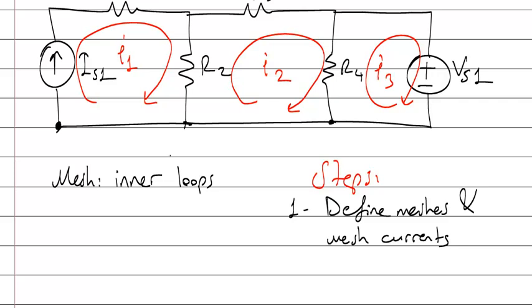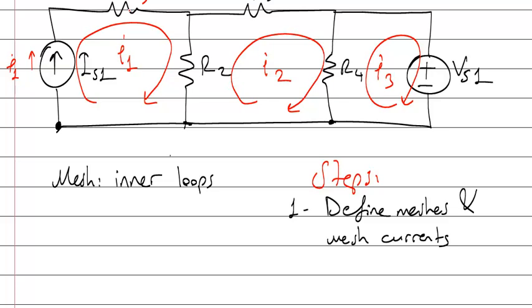And then, for example, what's the current of this source in terms of mesh currents? I1. What's the current of this resistor in terms of mesh currents? I1.